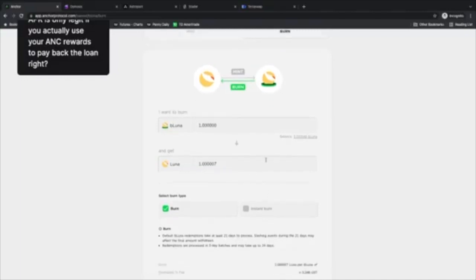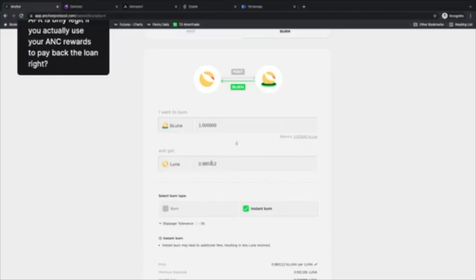Yeah, it does. So when people are rushing to pay back their loan, or it's dipping, or they're impatient, you can see here that my 1 B Luna gets me 1.0007 Luna, right? But if I do an instant burn, my 1 B Luna will only get me 0.98 Luna.